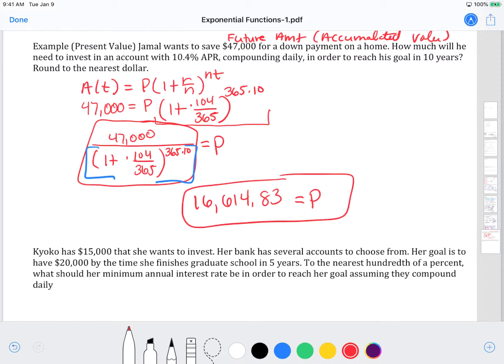So what this is telling me is if Jamal puts in the bank right now, this is our present value, which is easy to remember because it's a P, it's principal, present value, okay? If he puts $16,614.83 in the bank right now, then under the conditions that they're talking about in here with daily compounding and the 10.4 APR, he will have $47,000 in 10 years for that down payment.